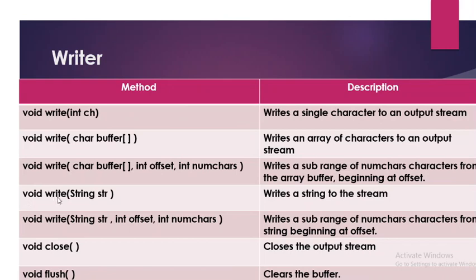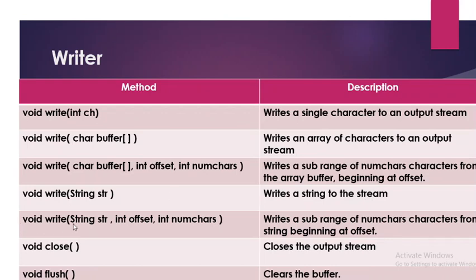Next, void write(String str). The char buffer version and the string str version are very similar. What is the difference? Only that here we are using a character array, while here we are using a string. So this method is used to write a string to a stream. Whatever string we place as an argument will get written to the stream.